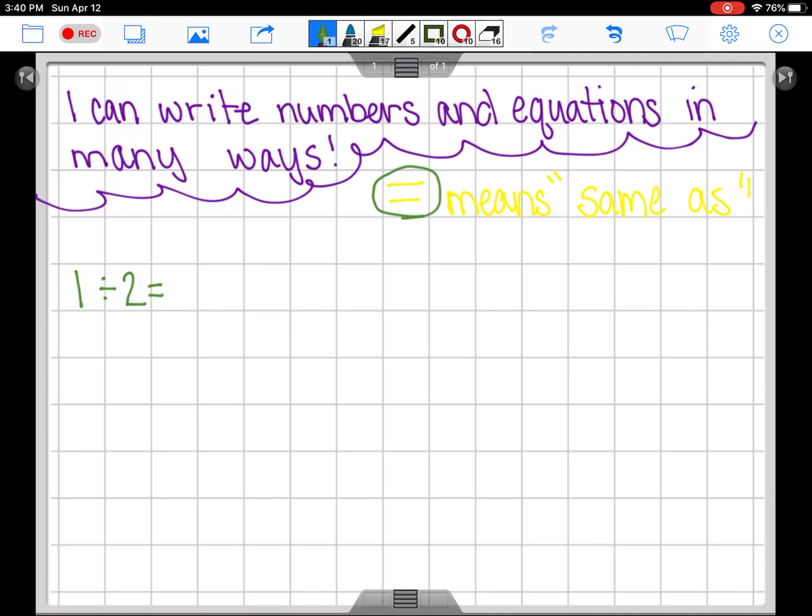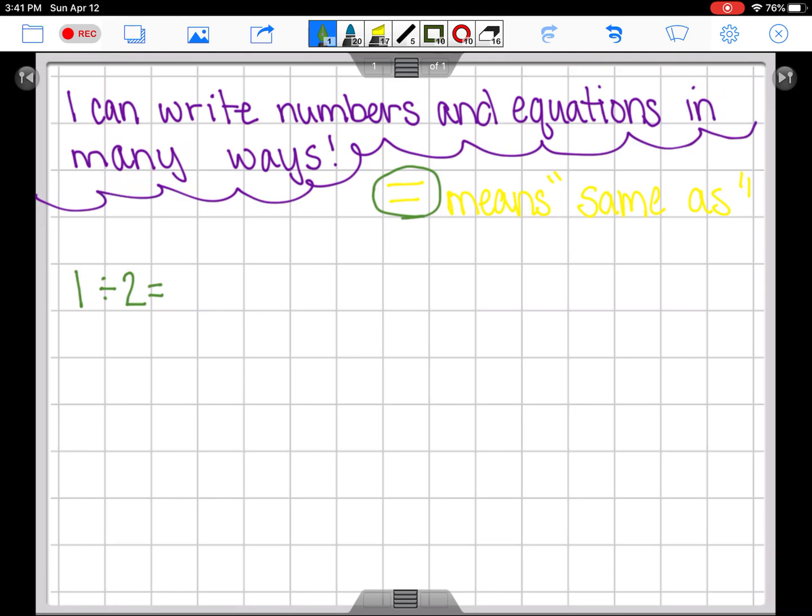We're going to review different ways that we can write numbers in equations that mean the same thing but look a little different and allow us to solve problems in a different way. That's going to be really nice moving into some of our division strategies, because some of us prefer to work with fractions, some of us prefer decimals, some of us feel really comfortable doing guess and check work, and some of us would rather have the opportunity to use an algorithm or a specific set of strategies.